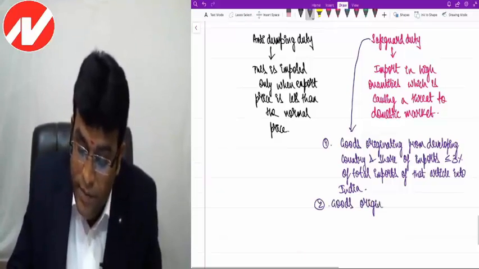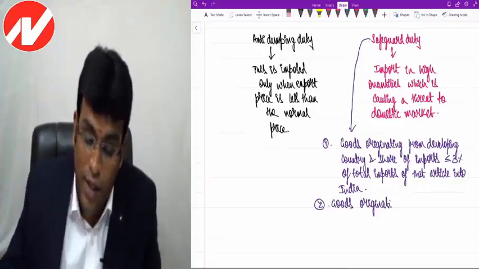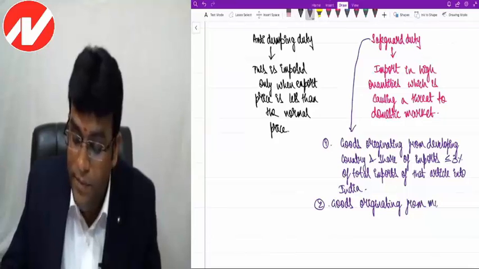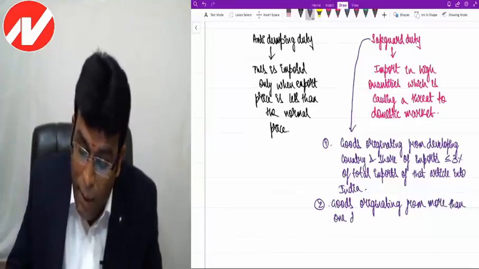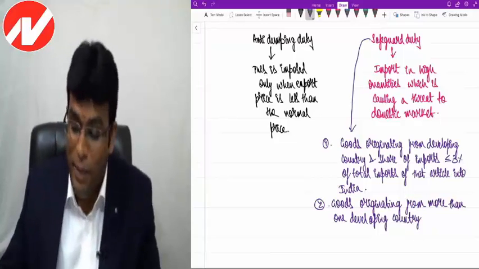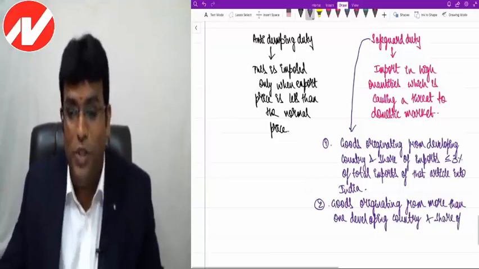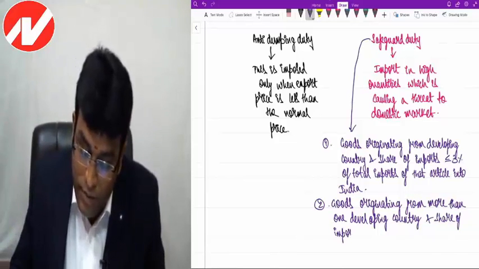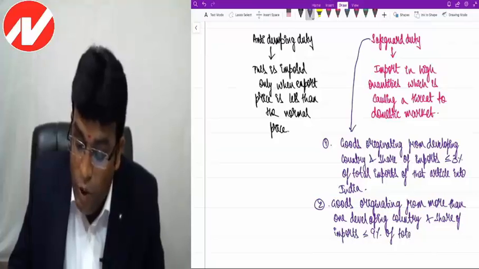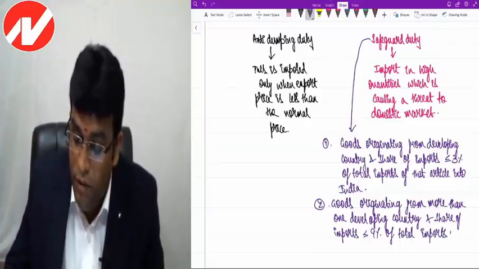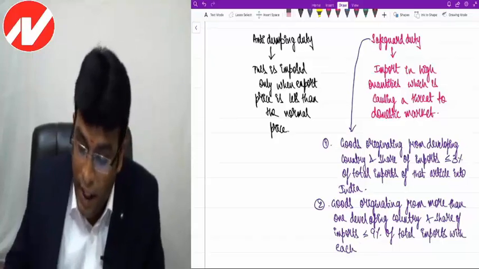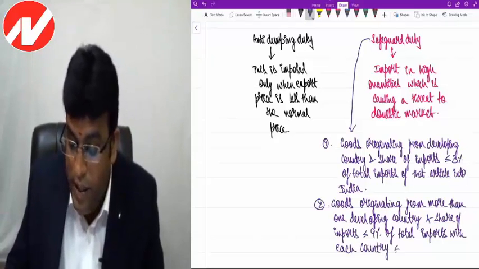Second, goods originating from more than one developing country, and share of imports does not exceed 9% of total imports, with each country not exceeding 3%.